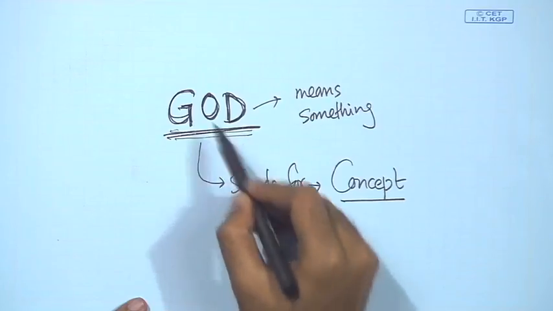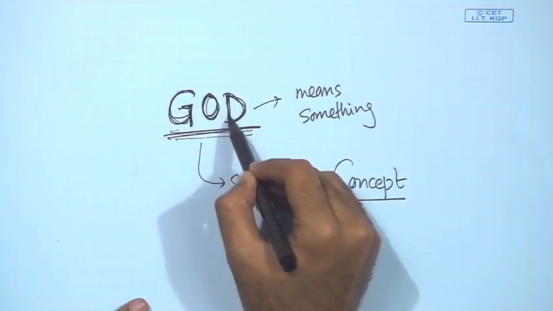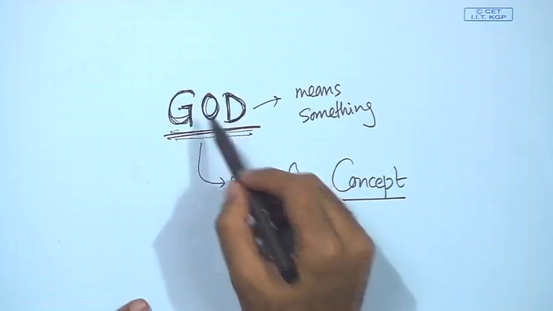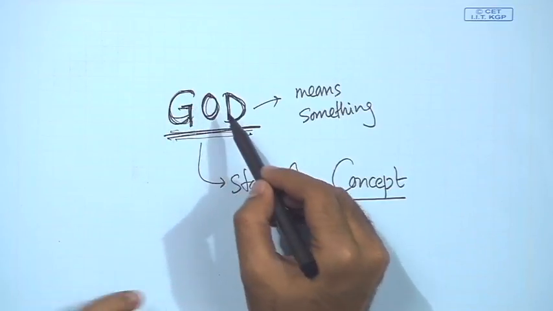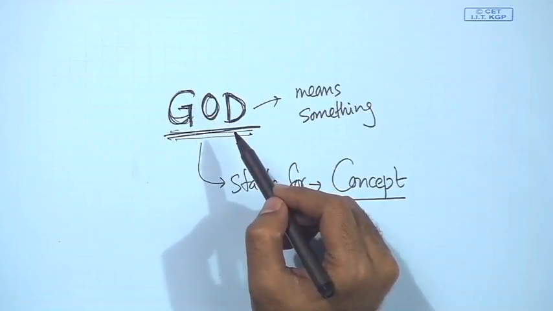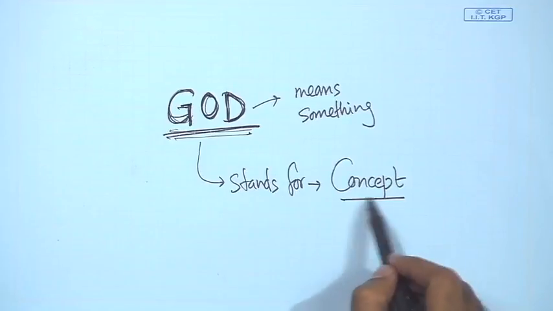There is a concept we all refer to, and this concept of God is given a shape by this particular image G, O and D, which is the text, but at the end of the day it's in visual form, and that stands for a concept.